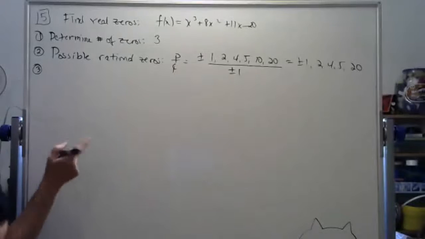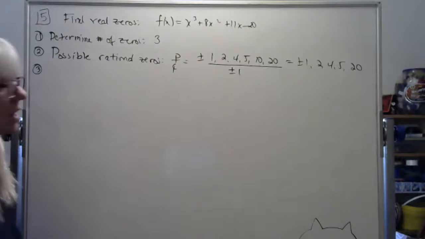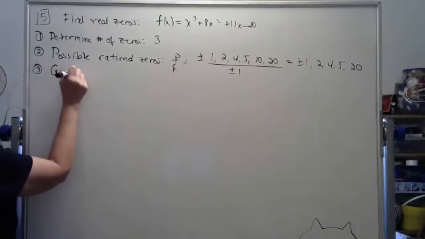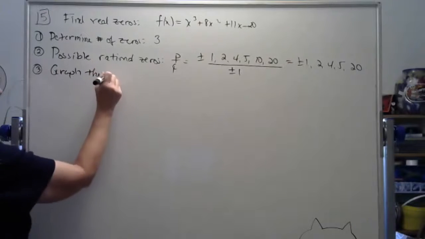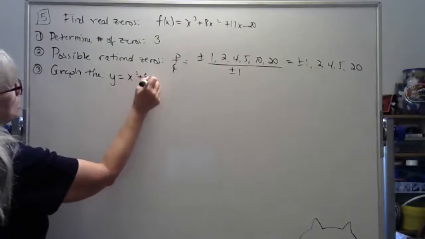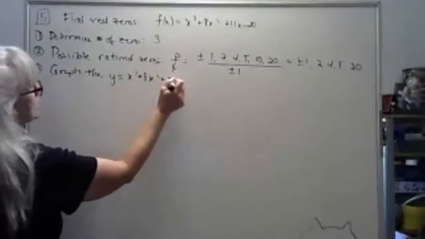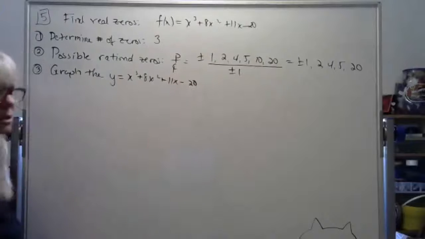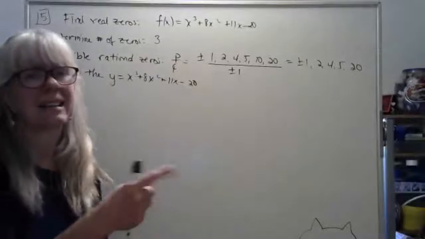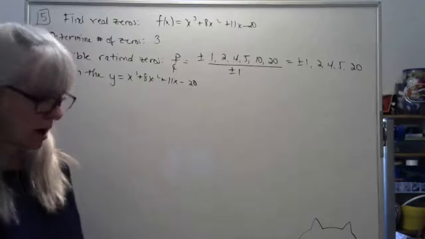It's the one that we get to do because we've got technology in our lives. At this point, I'm going to come in and graph the function y equals x cubed plus 8x squared plus 11x minus 20. This is the step that's going to slow you down. Hopefully everybody's got something they can use as a graphing calculator, whether it's your phone or not.